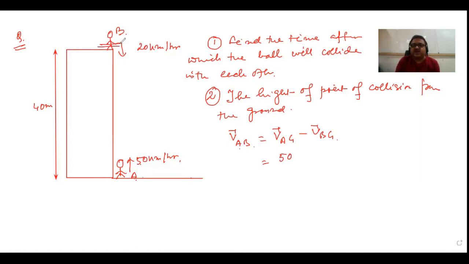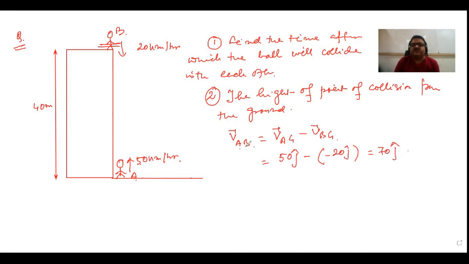Velocity of A with respect to ground, A is throwing the ball in upward direction, so it is 50 j cap. What is the velocity of B with respect to ground? B is throwing this ball in downward direction, so it is minus 20 j cap. So what is that? 70 j cap.